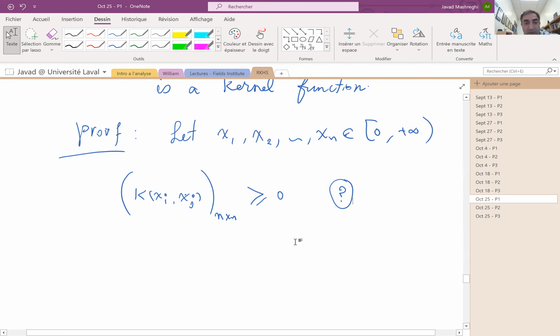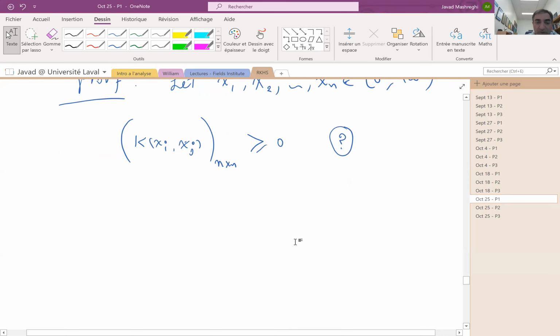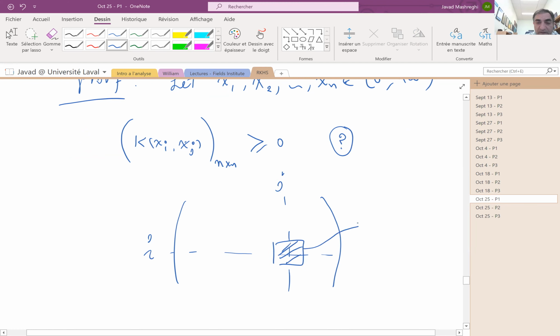And K(xi, xj) would be eventually either xi or xj. So I have a matrix like this, and the component ij here is eventually either xi or xj, depending which one is smaller.